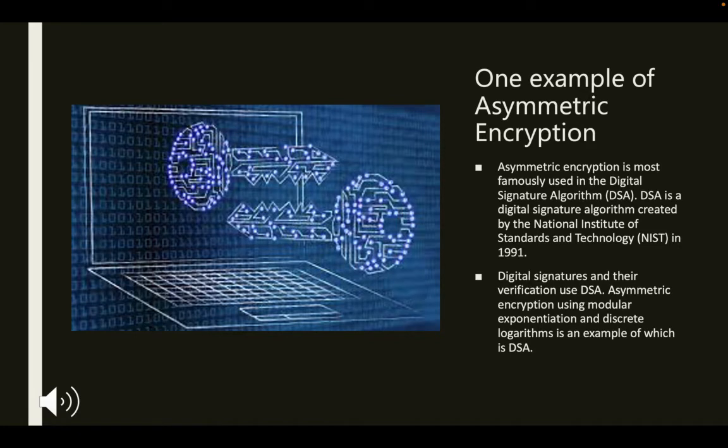Asymmetric encryption using modular exponentiation and discrete logarithm is an example of which is DSA. Elliptic curve cryptography, and RSA, developed by Rivest, Shamir, and Adleman, is a component of the digital signature standard, DSS, and ECC.